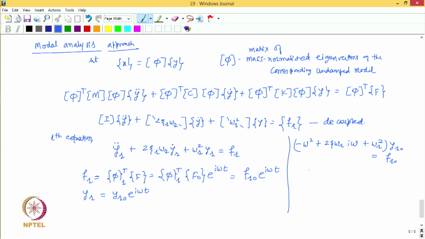Hence the modal response amplitude is given by F r o upon omega r square minus omega square plus I 2 zeta r omega omega r. That is what we get as the modal response.